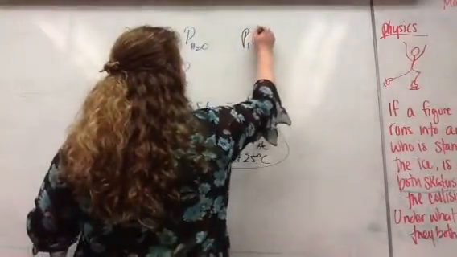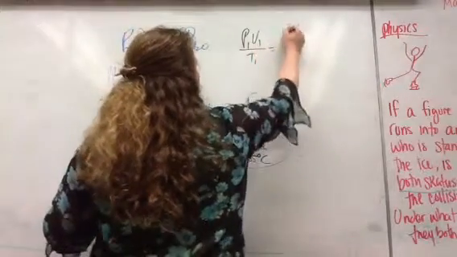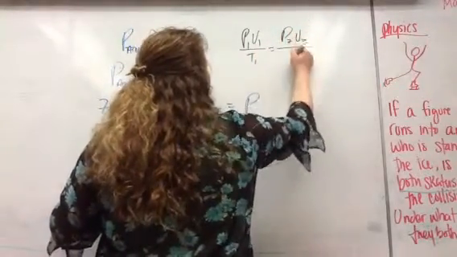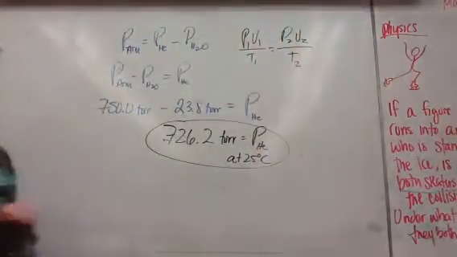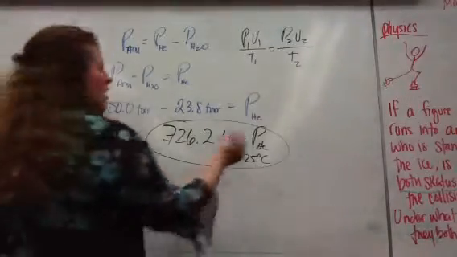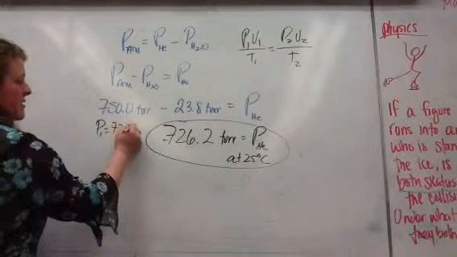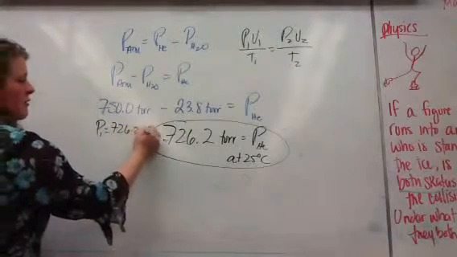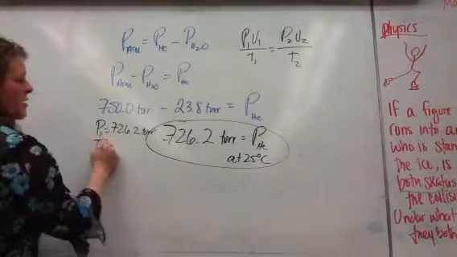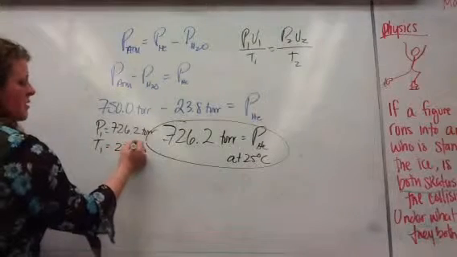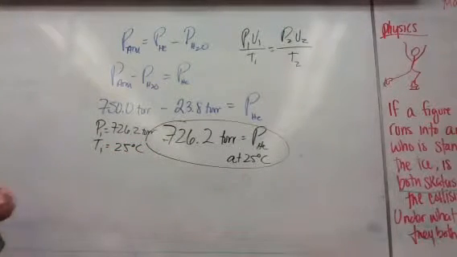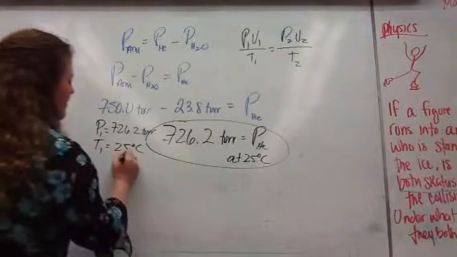So P1, V1, T1, P2, V2, T2, where our P1 is our 726.2 torr, our T1 is 25 Celsius, or what? 298 Kelvin.